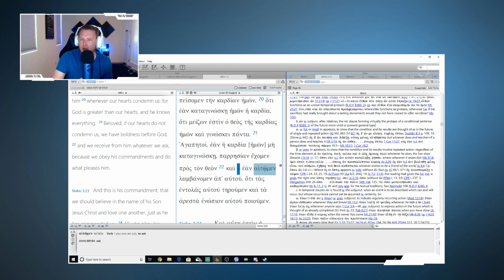So this is present general. Show that the condition and its results involve repeated action regardless of the time element. Present general. Repeated action regardless of time. We receive from him. Another required genitive following apo, the preposition.